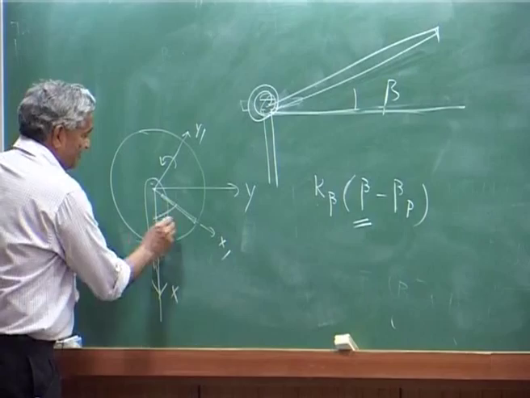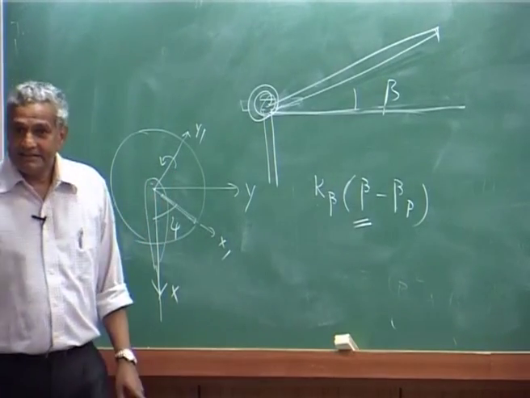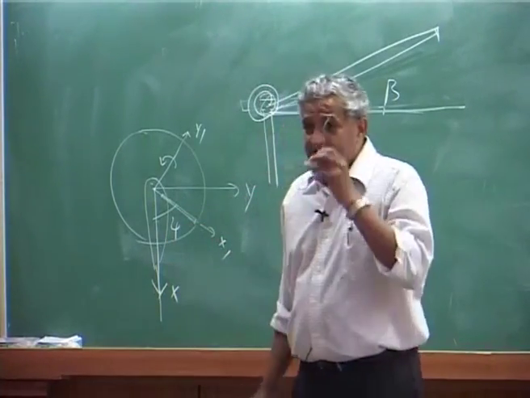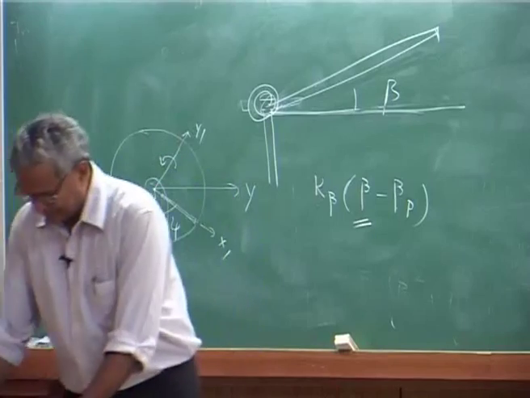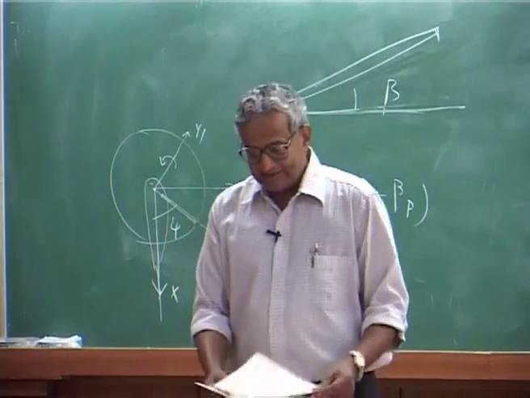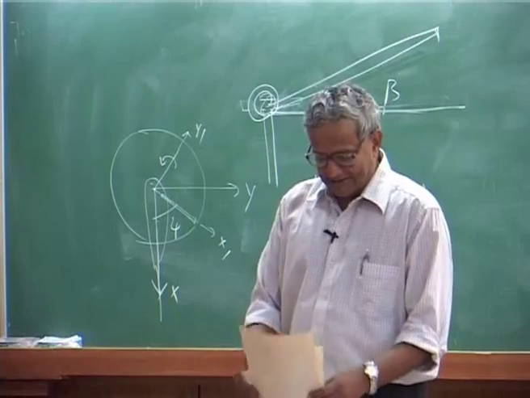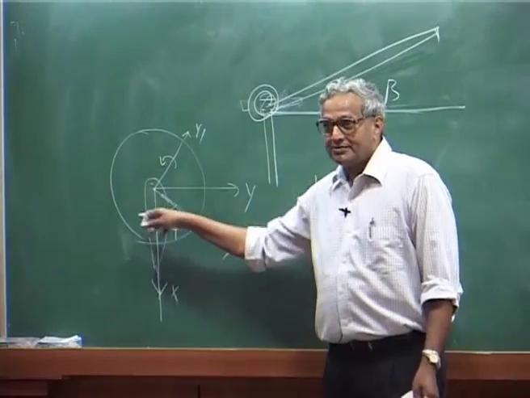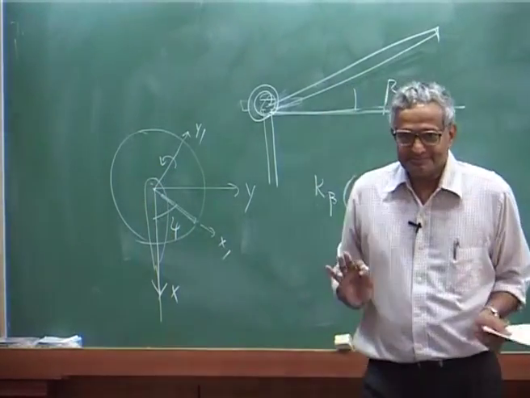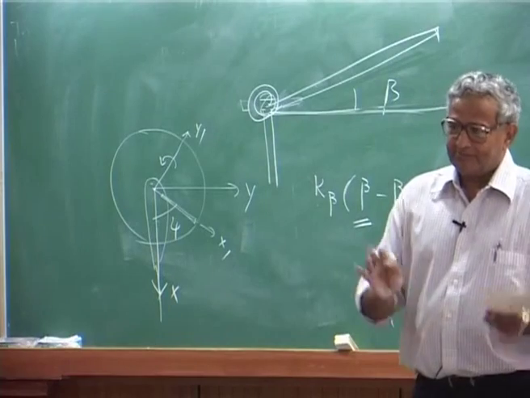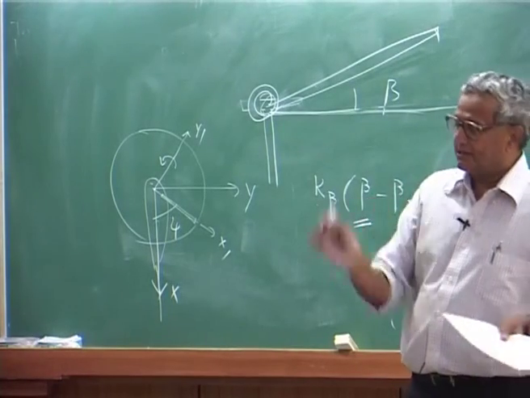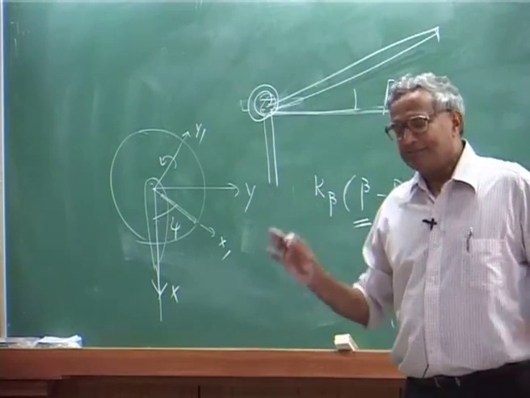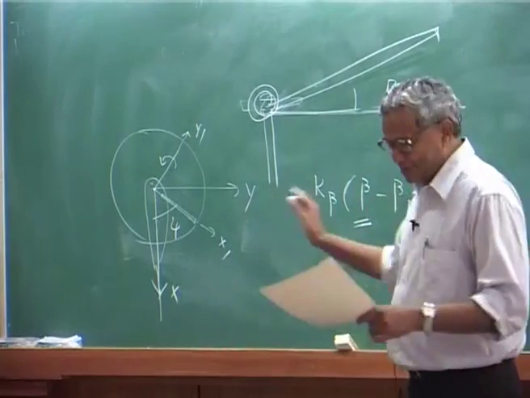I must take the component of the flap moment along the y and x directions, that is the body hub direction, then add the values due to all the blades and take the mean value. That way I get a hub moment. What we did was get all the forces in one blade, then add all the blades, assuming the blade behaves the same way. Here also it is the same thing.